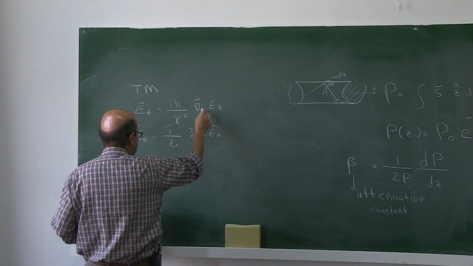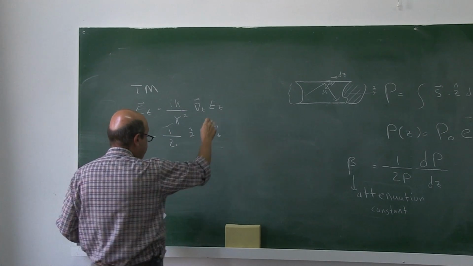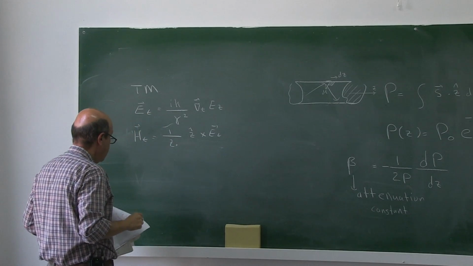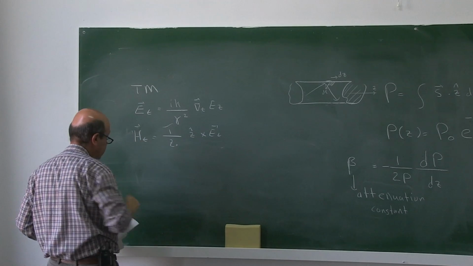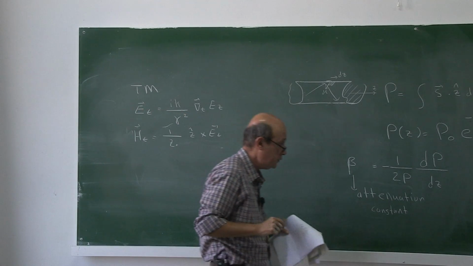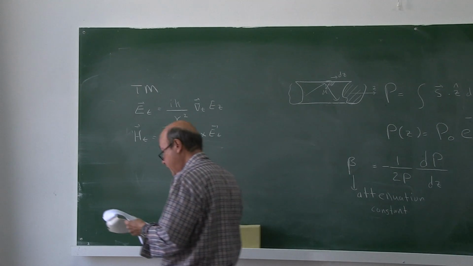We know that the transverse component of the field is related to the Z component. Once you know the transverse component of the electric field, you can calculate the transverse component of the H field. What you need here is to calculate the N cross H, and H is nothing but H transverse, because these are TM waves.